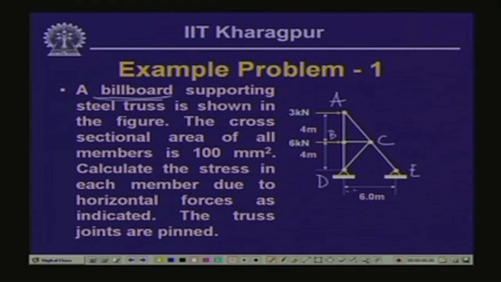So, what we need to do is to evaluate first the forces in each member, and once we can compute the forces in each member, then since the members are pin jointed, we will have the axial forces in each member, and this axial force divided by the cross sectional area will give us the stress, and that is what we are interested in, to calculate the stress in each member.